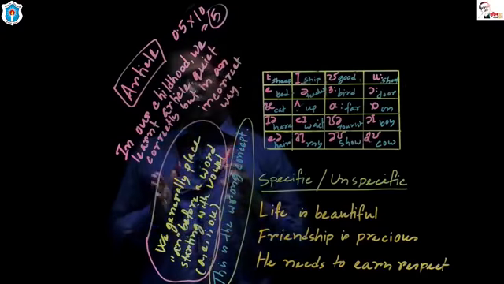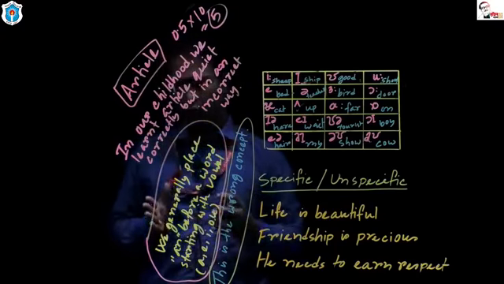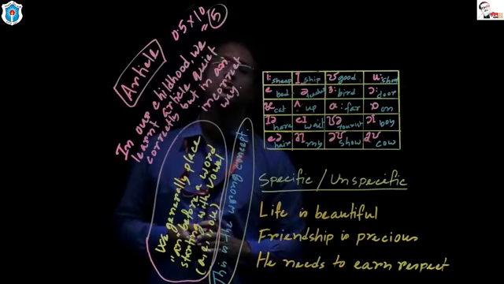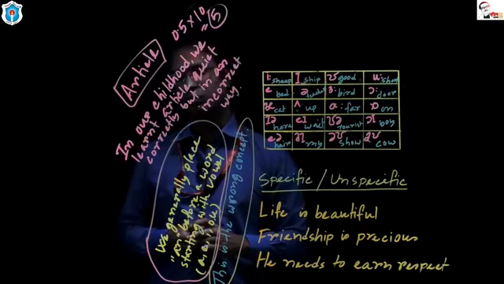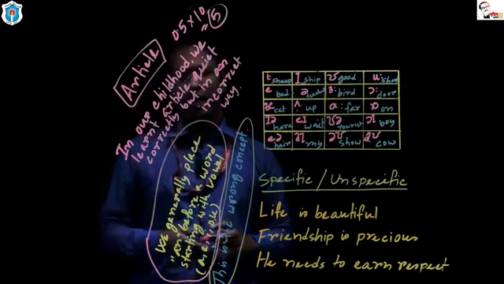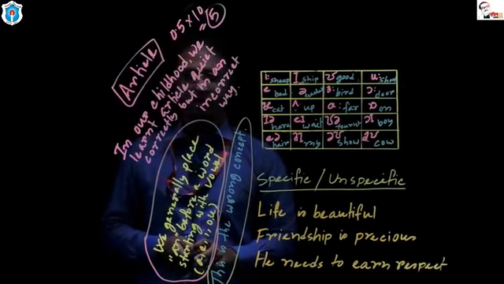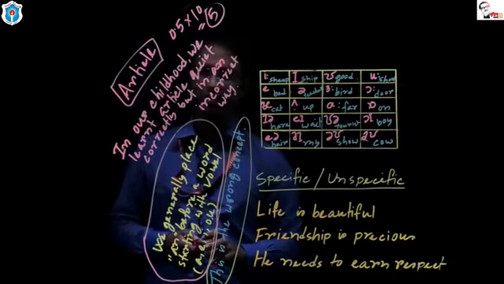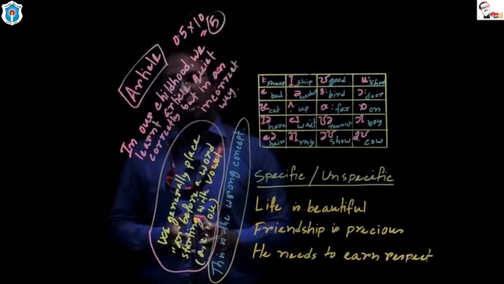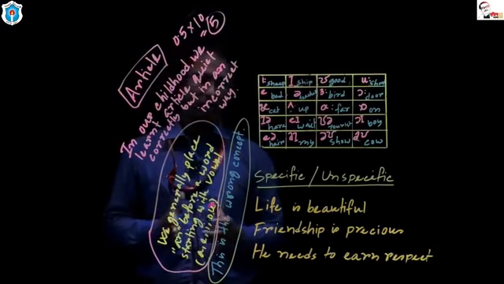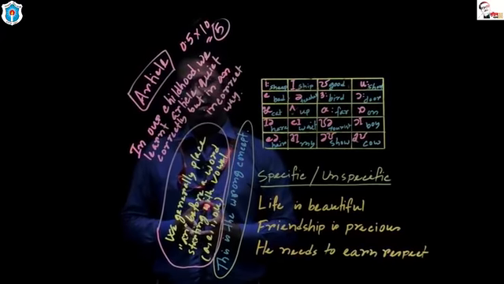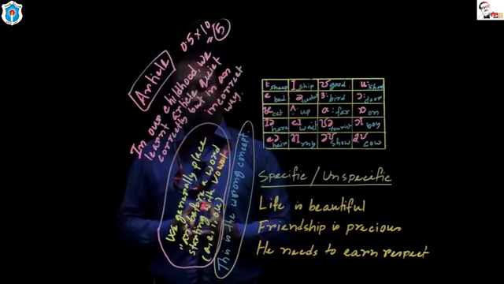So if we learn this topic from the root, it will be very easy to get 5 out of 5. I have given a quotation here, that is, in our childhood we learned article quite correctly but in an incorrect way. Now we will learn article correctly in a correct way.